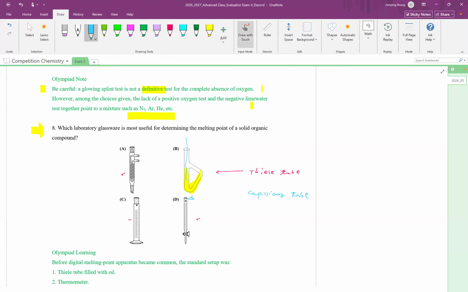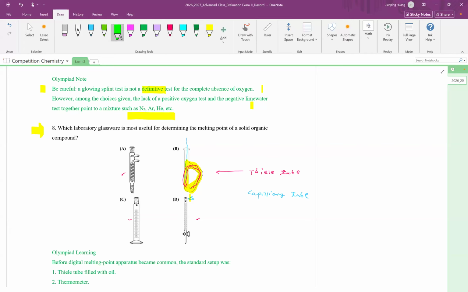And the design for this tube is what? You heat it here, and the oil goes all the way to here. You heat it, and the heated oil keeps the temperature the same. That's the shape. You heat it here, the hot oil goes this way, or this way, and you keep the temperature even.